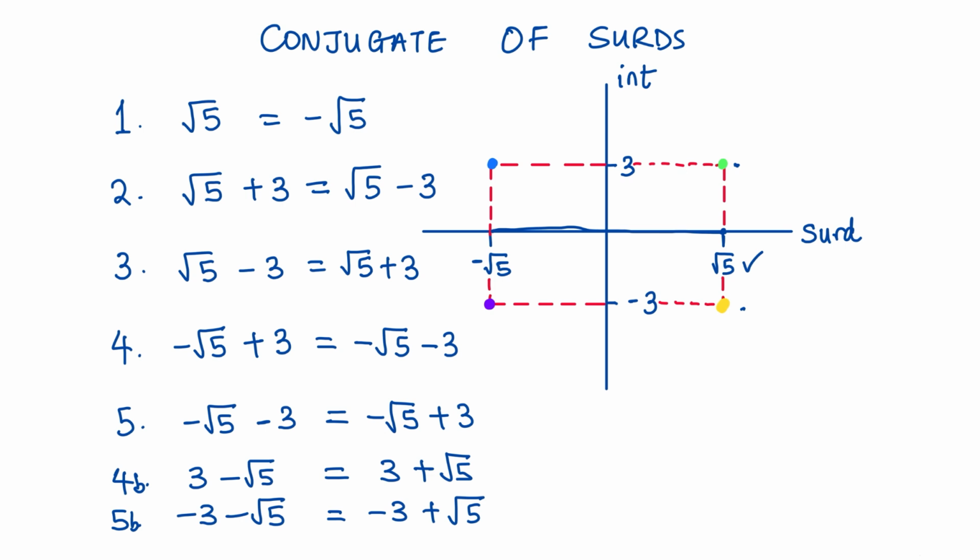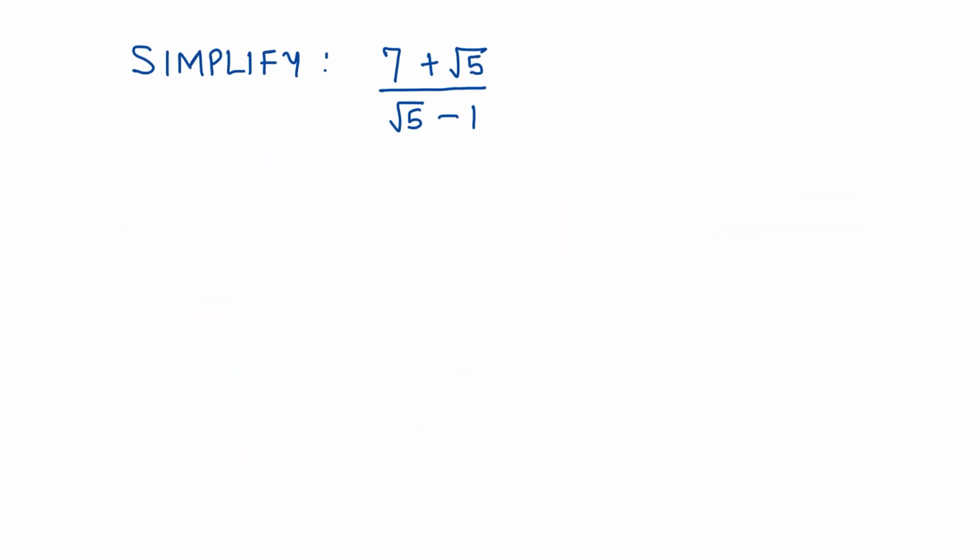We'll close it off with an example of how to apply these principles. The question says, simplify 7 plus root 5 all over root 5 minus 1. Solution. The first thing to do is that we need to say, what is the conjugate of our denominator?